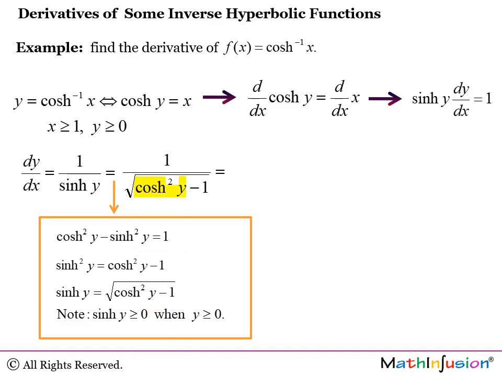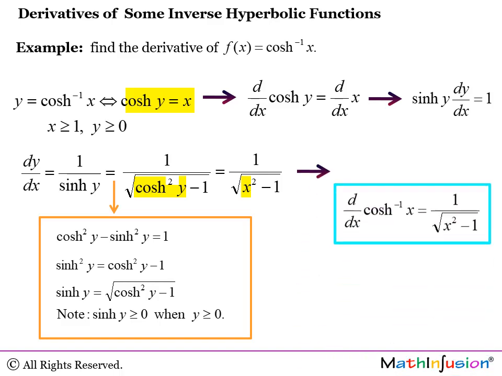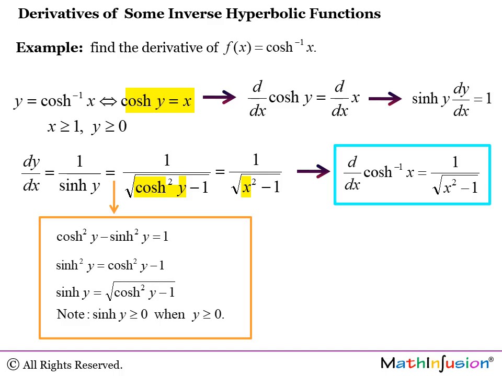But I know that cosine hyperbolic y is x. So I will replace this by x, and I get 1 over square root of x to the power of 2 minus 1. We conclude that the derivative of the inverse for the cosine hyperbolic x is 1 over square root of x to the power of 2 minus 1.